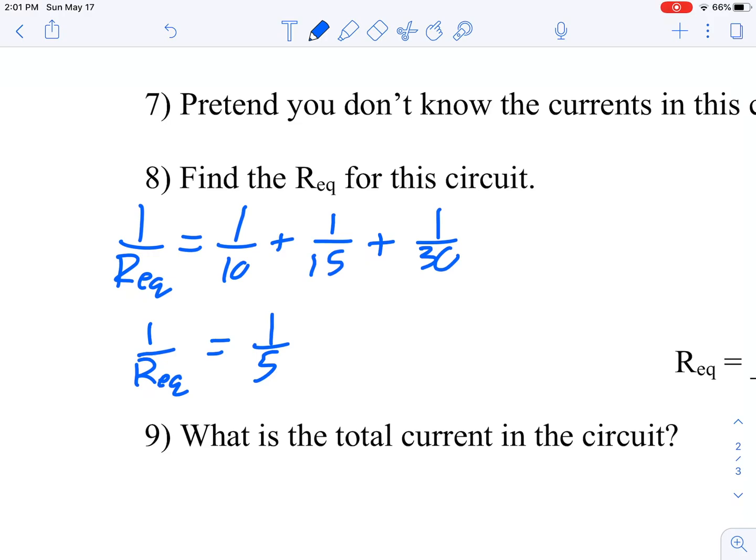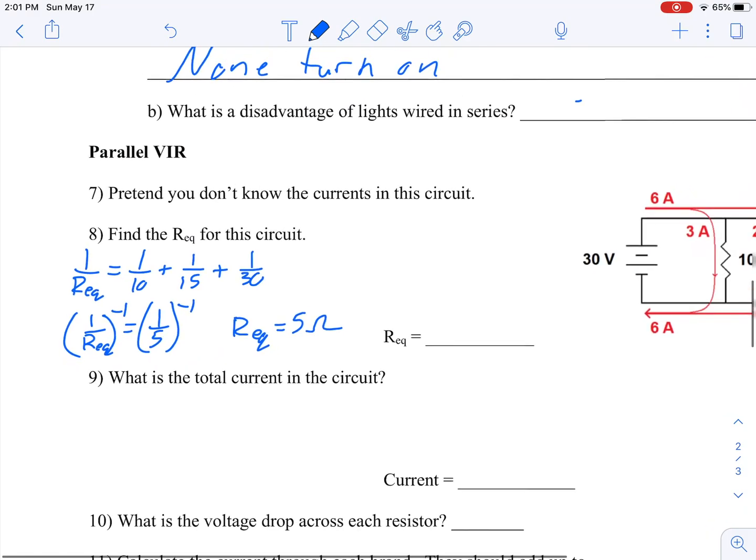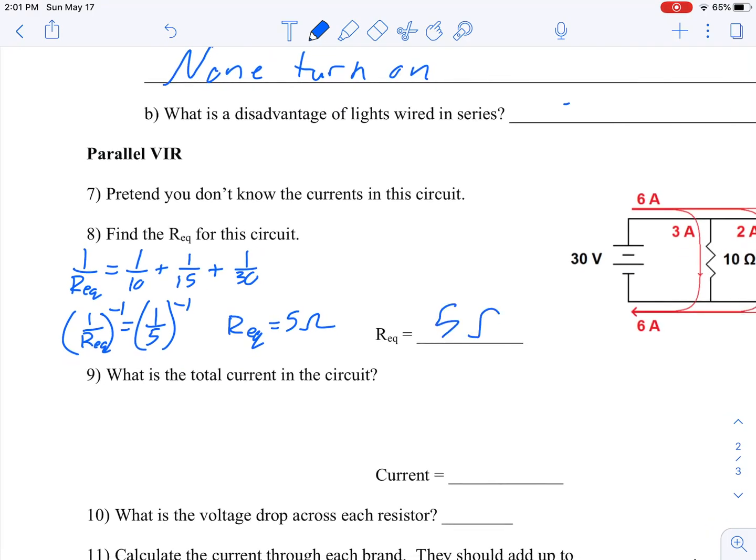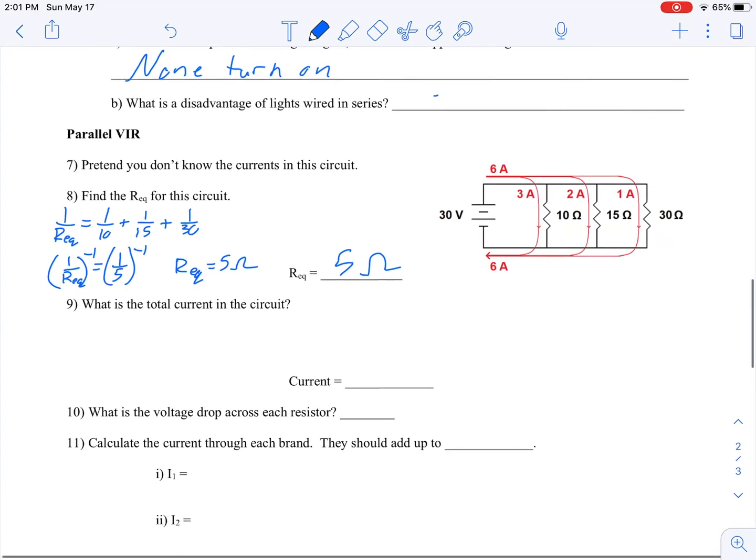Now, that is not your answer. You have to now raise both sides to the -1 power. Just flip it, basically, so that R equivalent is equal to 5. A lot of you forgot to do that the last time you did it for the Google form.